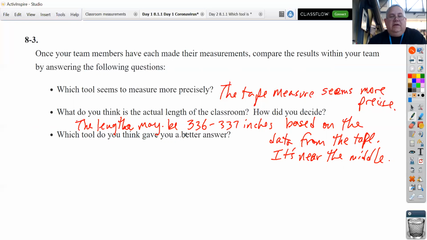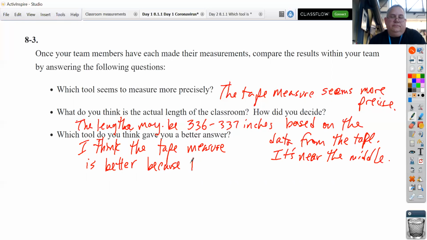Which tool do you think gave you a better answer? So I think the tape measure is better because the data is not so spread out. Period.